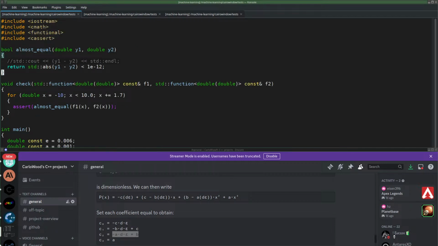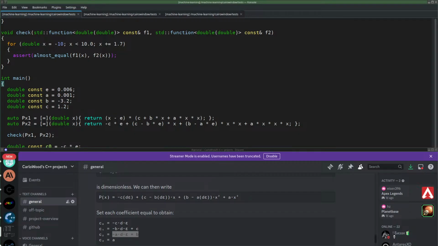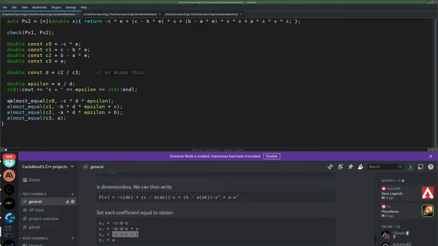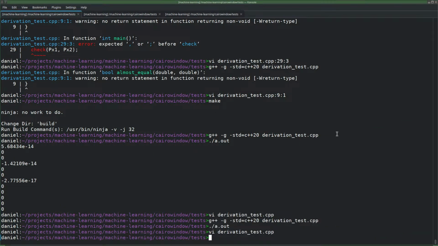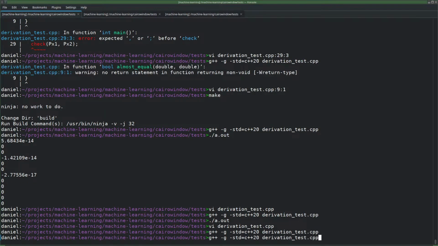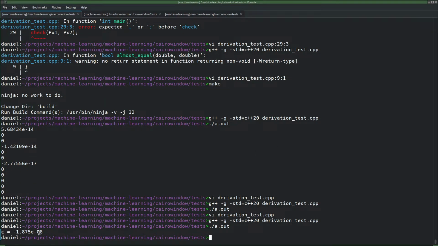Oh, wait a minute. It returns true if it is almost equal. So I must add asserts around it. So epsilon is really small, really small.